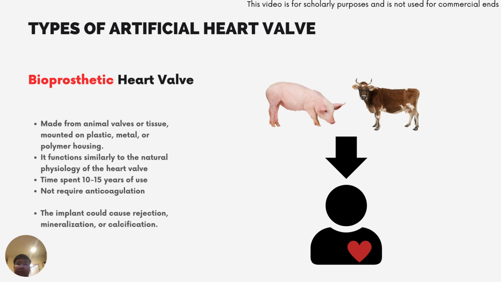So this kind of valve is suited for those who are older than 60 years. It does not require prolonged intake of anticoagulation drugs after the implant. However, there are also limitations, as some cases might cause rejection, mineralization, or calcification after implantation and lead to further failure of the implant.